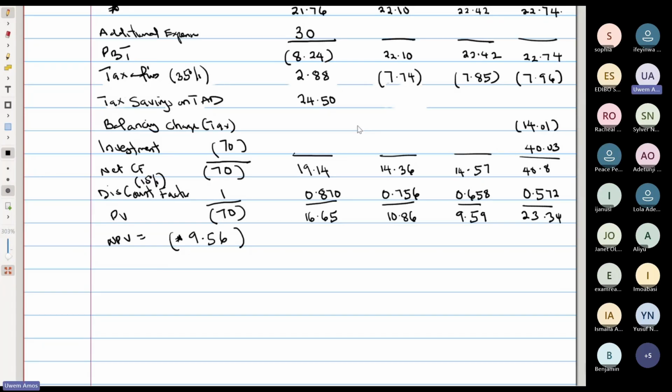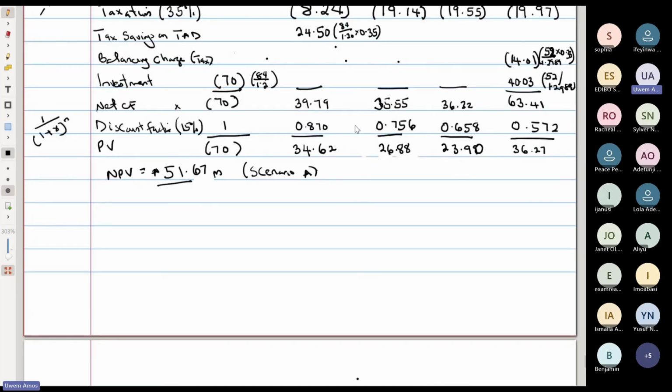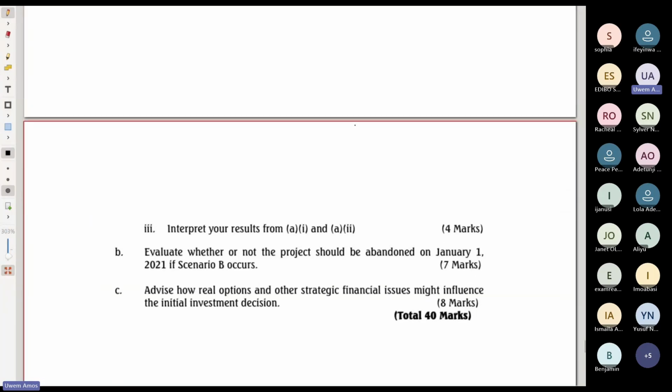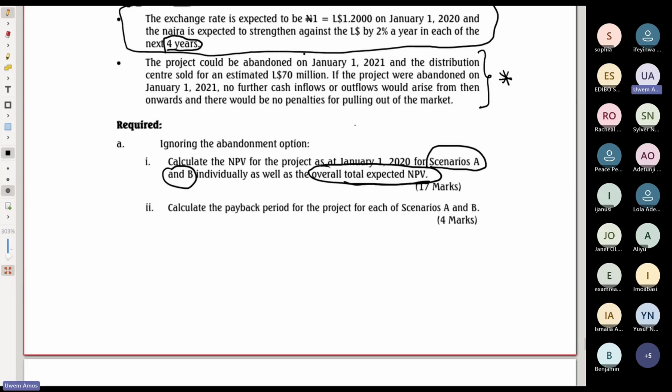Okay, so let's go back to our question. We've done the values for scenario A and scenario B individually. We've calculated the NPV for scenario A and scenario B. And then the second part of the question says, as well as the overall total expected NPV.